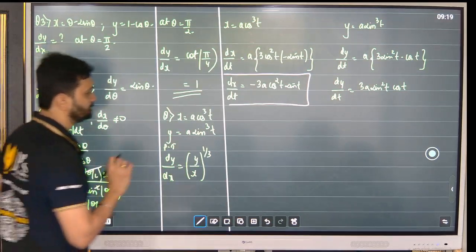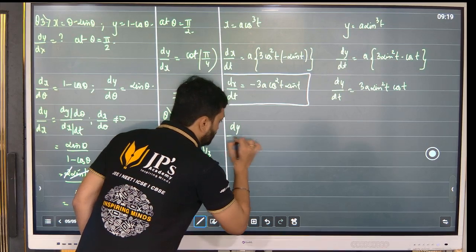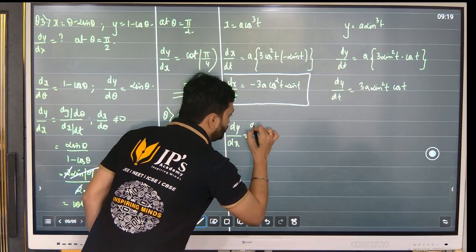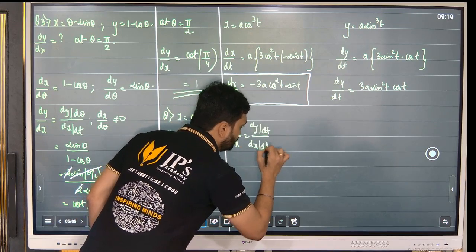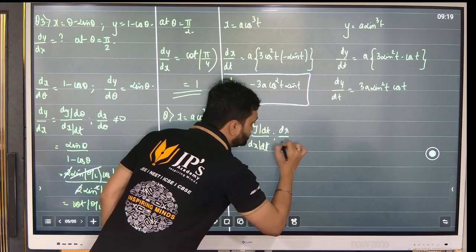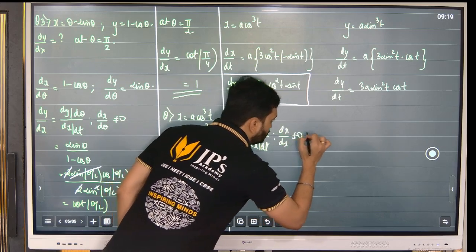And the last substitution is dy by dx is equal to dy by dt upon dx by dt, where dx by dt is not equal to 0.